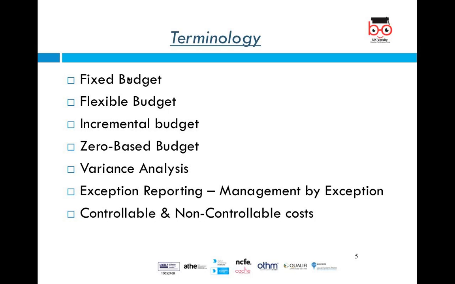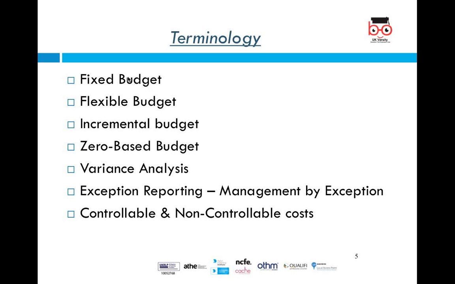So that's the fixed budget. With the flexible budget, we recognize the existence of fixed, variable, and mixed, semi-fixed or semi-variable costs, and it is designed to change in relation to the actual volumes of production and sales in a period.